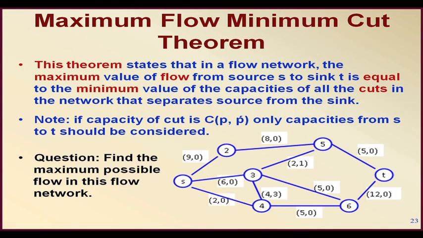Is it all right? So, the maximum flow minimum cut theorem basically says, if you look at this network, what is the maximum flow that is possible from S to T. Out of all the cuts, you have to look at all the cuts and understand which cut gives the minimum capacity.